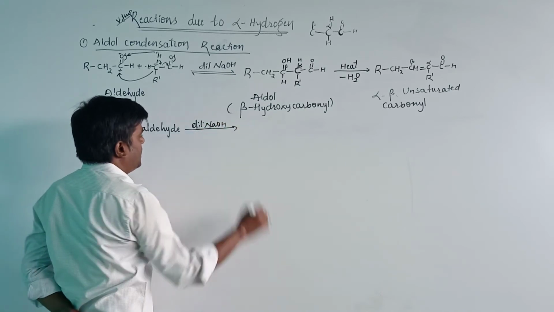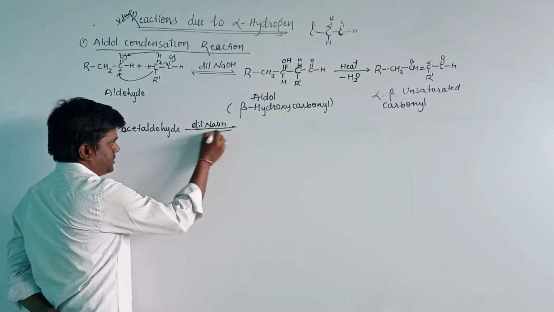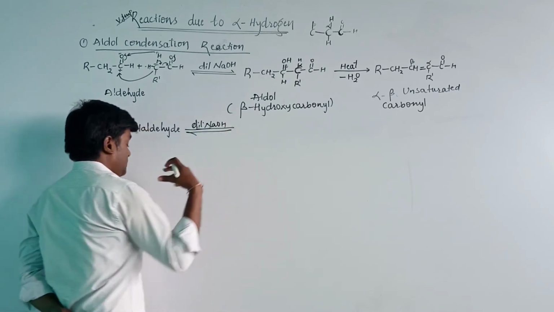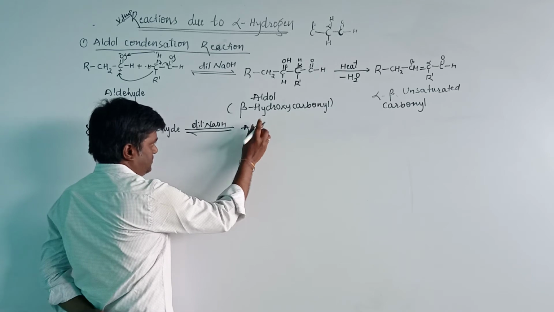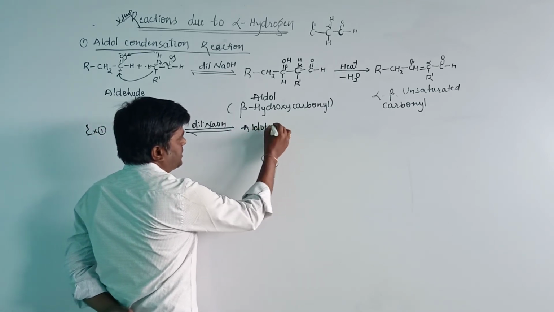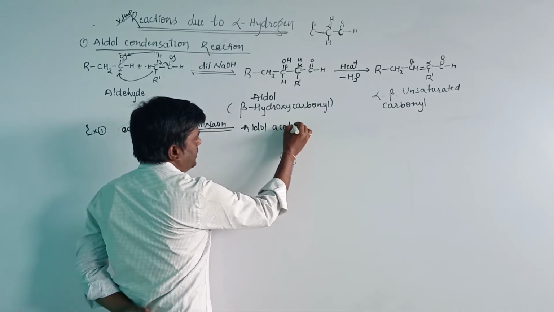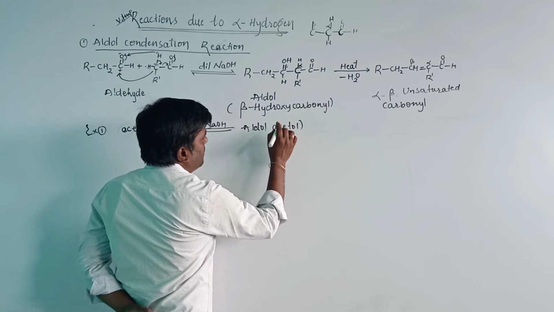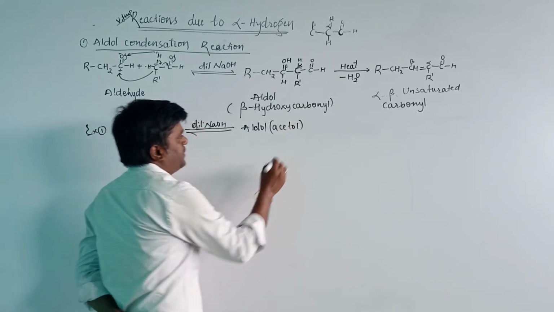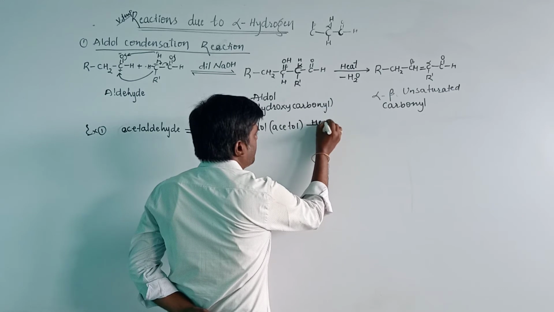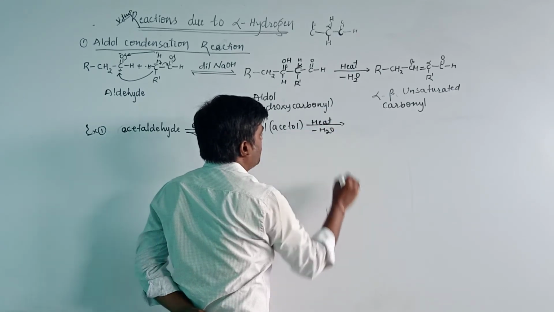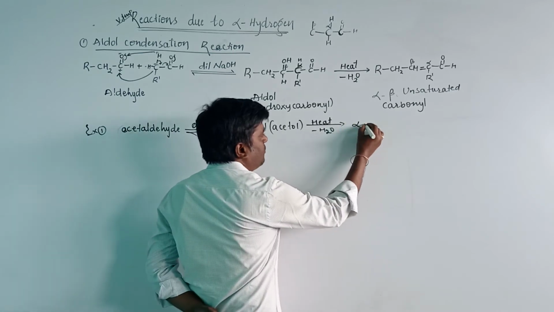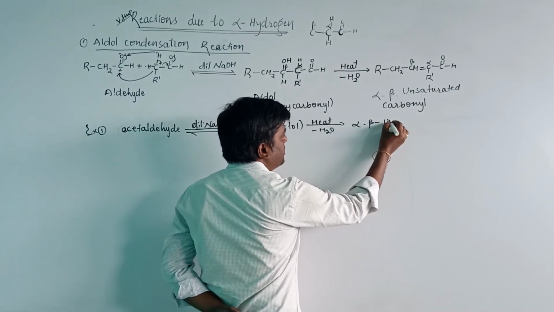The same aldehydes react in the presence of dilute NaOH and give the aldol, which we call acetal. Then further on heating, it will give elimination of water molecules and give the alpha beta unsaturated products.